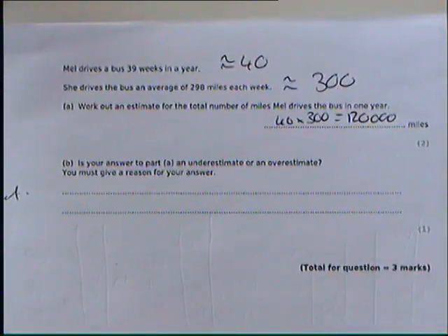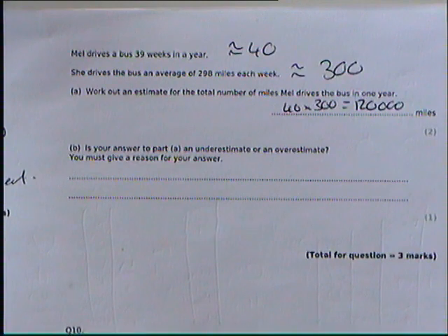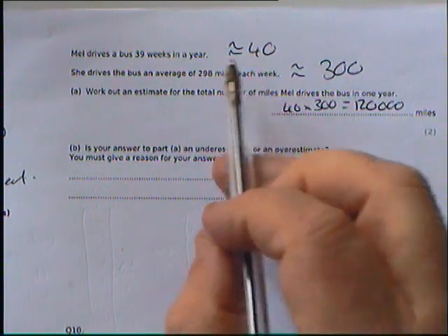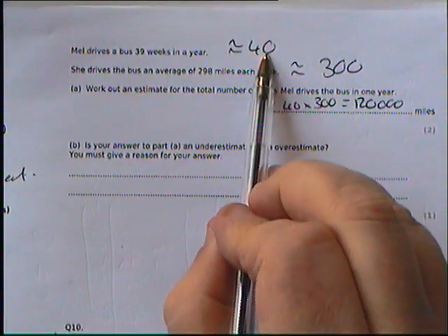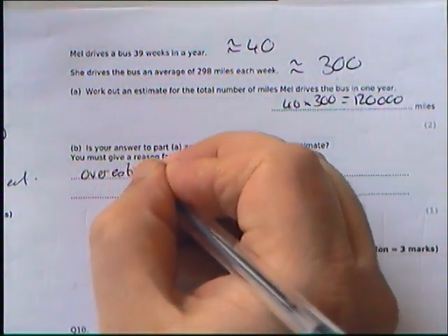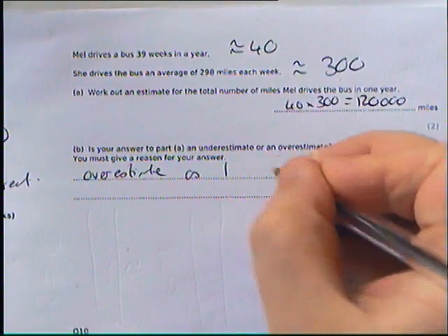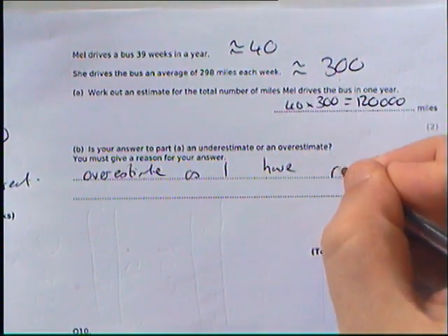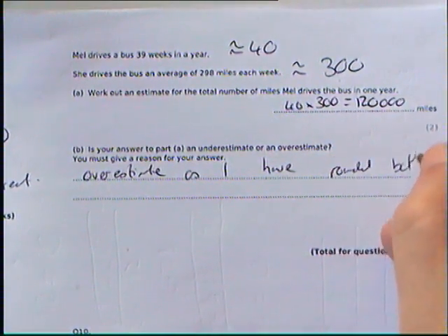Okay, that's my estimate. Are you trying to put an under or an overestimate? Well, I've said I'm traveling for more weeks and for more miles, so that's an overestimate, as I have rounded both numbers up.